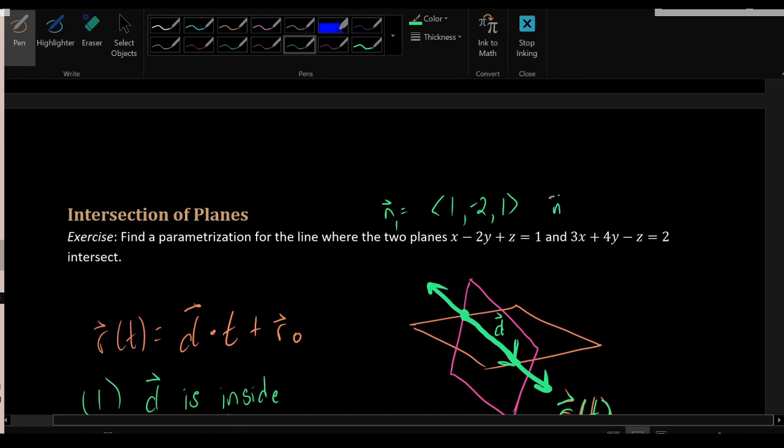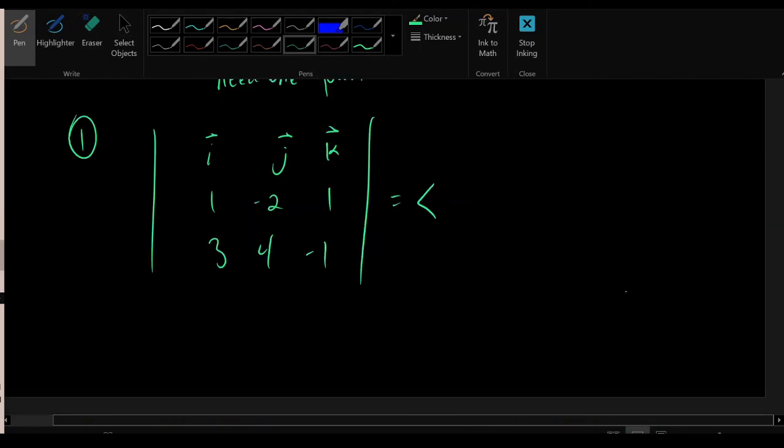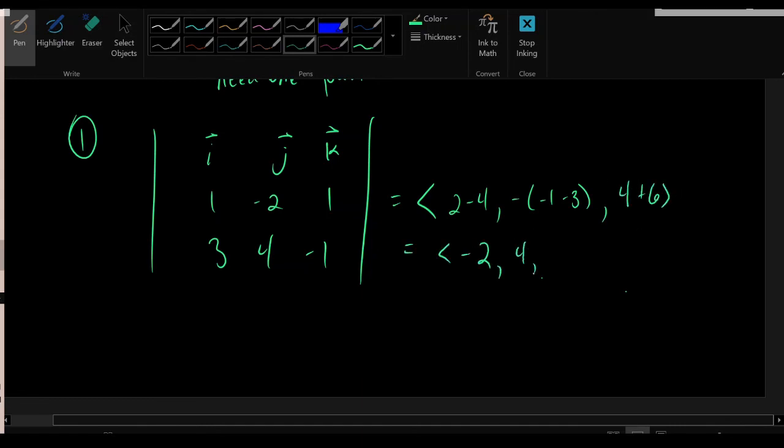And then the normal vector for the second plane, the coefficients are 3, 4, -1. So taking the cross product of the two normal vectors, in the order n1 cross n2, I have obtained a direction vector for the line, D equals -2, 4, 10.